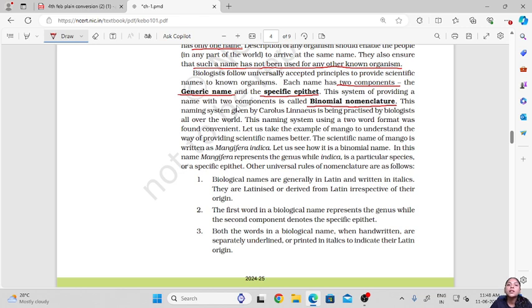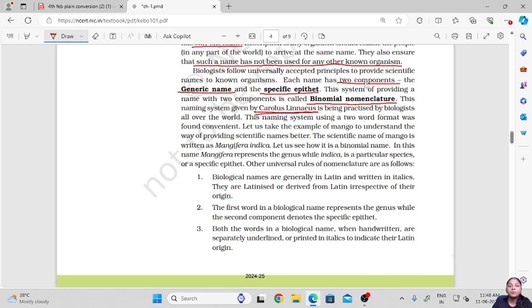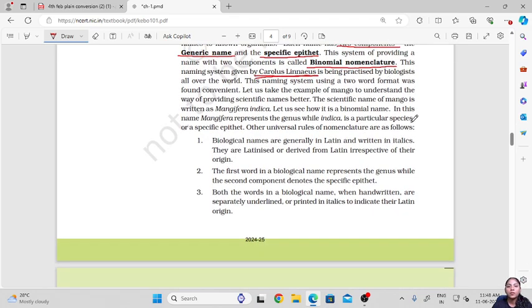So the generic name, the first part of the binomial nomenclature, indicates the genus of the species, whereas the specific epithet indicates the species of the organism. And this system of two component naming of organisms was given by Carolus Linnaeus. So this system of naming the organism with a two word format was found very convenient.